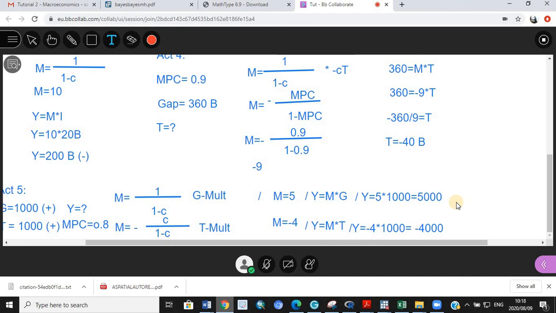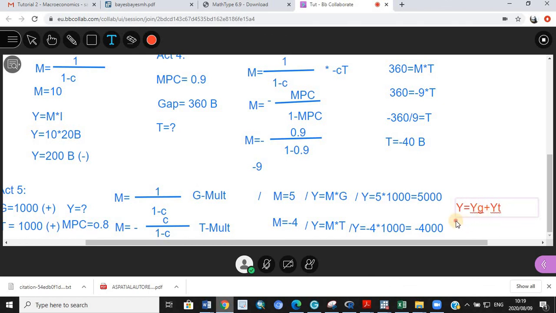The overall change of y is going to be equal to yg, where we denote yg as the change in national income due to the change in government spending, plus yt, which denotes the change in income due to the change in tax.